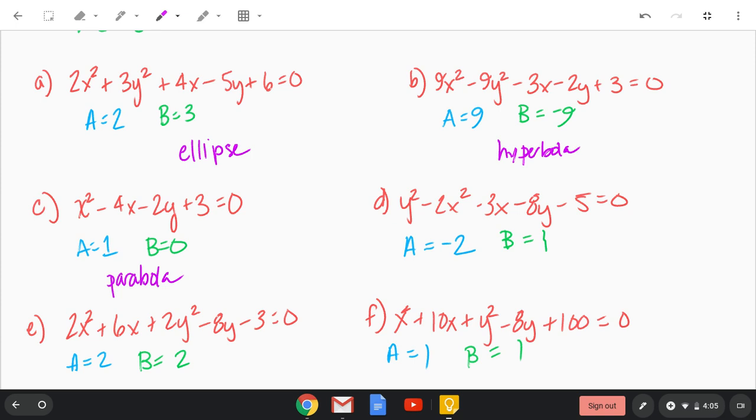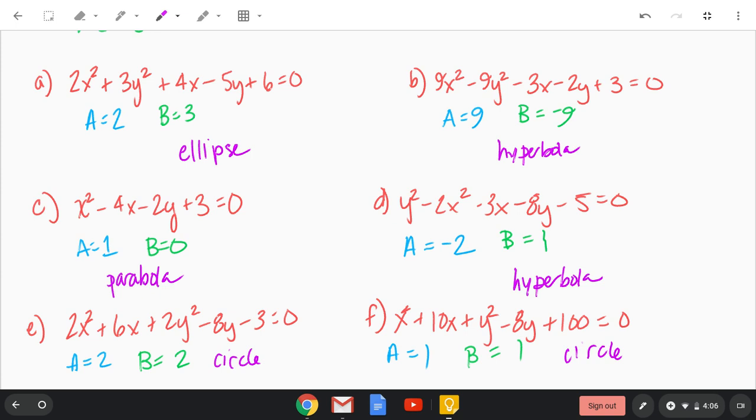Next one, the product is negative, so we'd have a hyperbola. Next one, they're the same, so we'd have a circle. Next one, they're also the same, so we'd have a circle. Okay, so those are all the right answers unless it's degenerate.